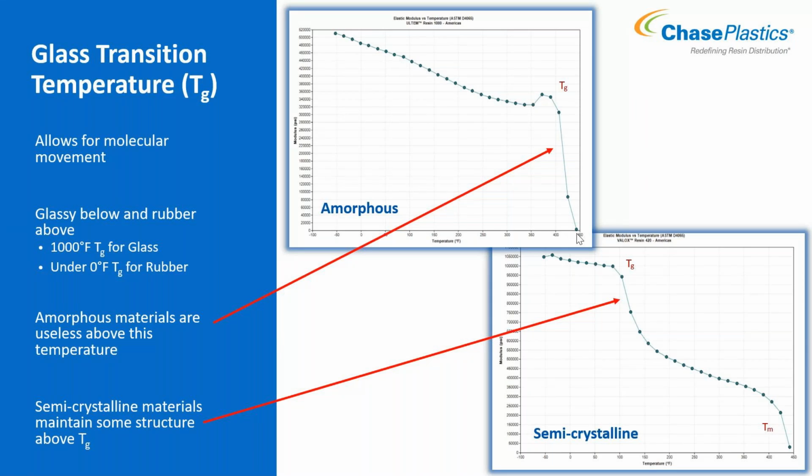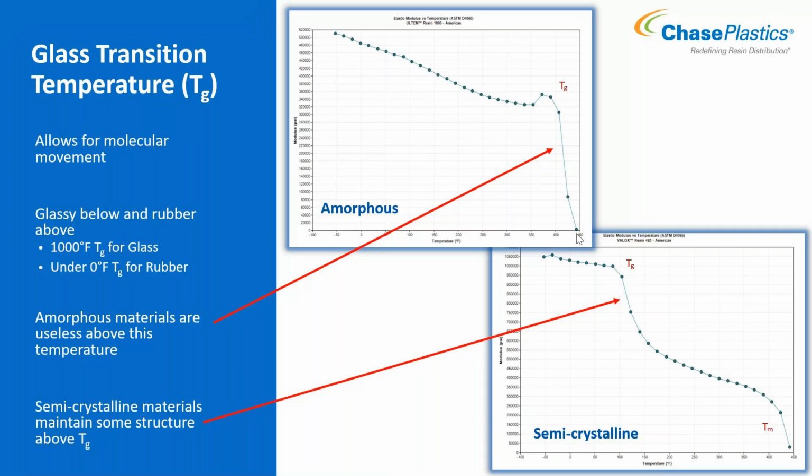Semicrystalline materials, on the other hand, have a TM, which we'll get to on the next slide. And you'll still lose some, because the semi part means that the other portion of your semicrystalline material is amorphous in structure. So if you have a material that's 30% crystalline, you have 70% that's still amorphous. And so when you hit that TG, you're going to lose some of your stiffness and strength.